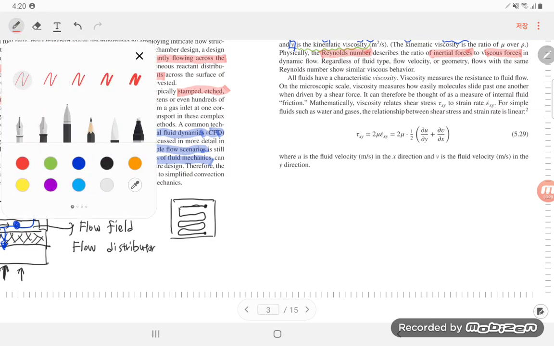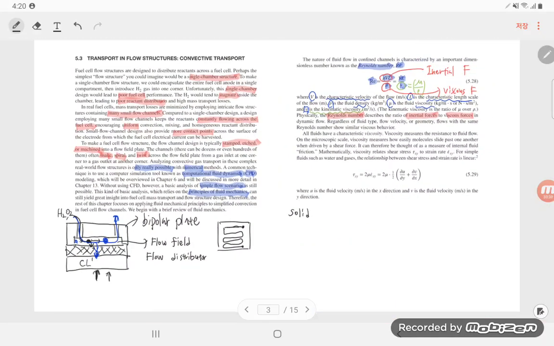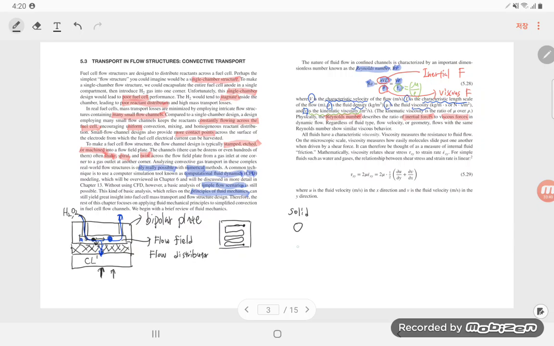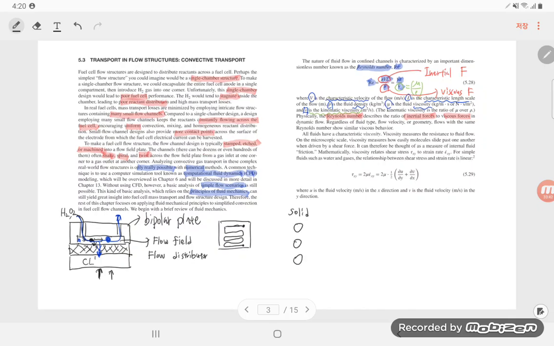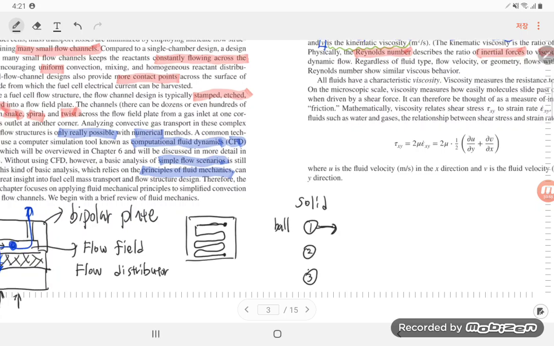Okay, then let's take an example. In solid mechanics, if we assume there are 3 bulk boxes, and you throw this one in this direction, then it will not affect the next 2 and 3 boxes.